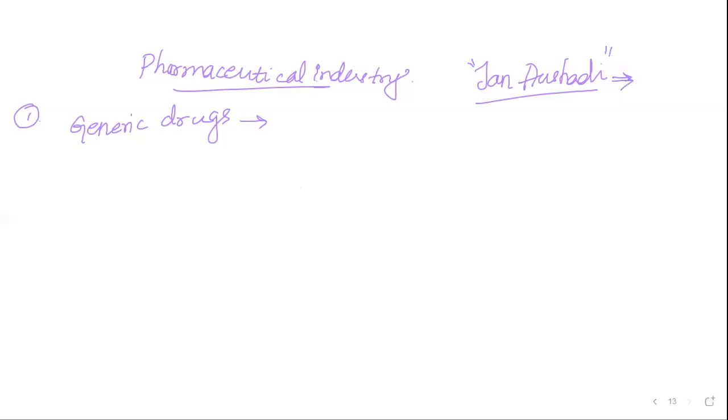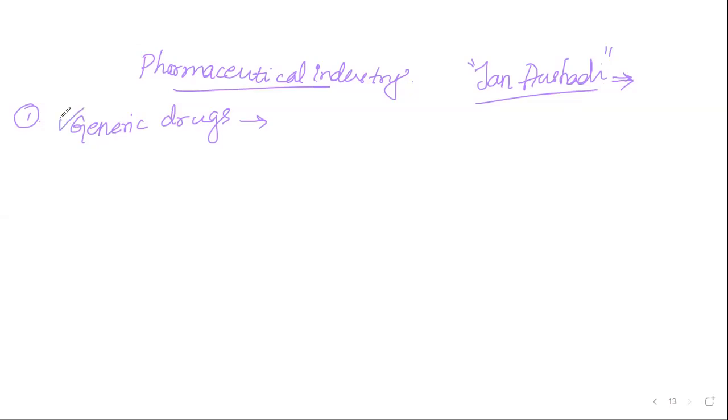Yes? So in Jan Aushadhi Centers, you go and buy the drugs. They will ask you whether you want the same brand or some other brand. Mostly when you go for Indian brands, the prices will be cheaper. Those are examples of generic drugs.